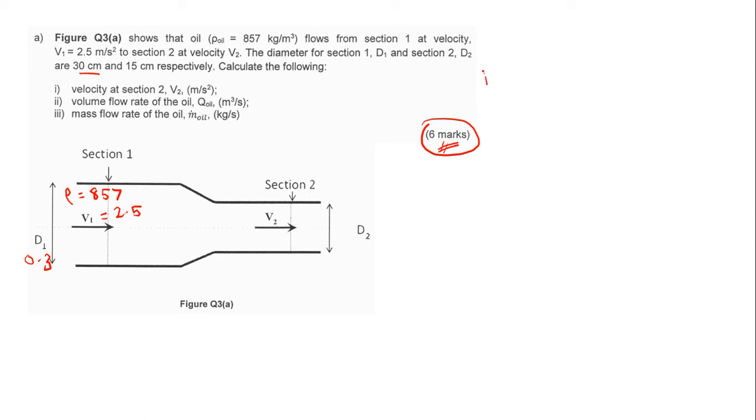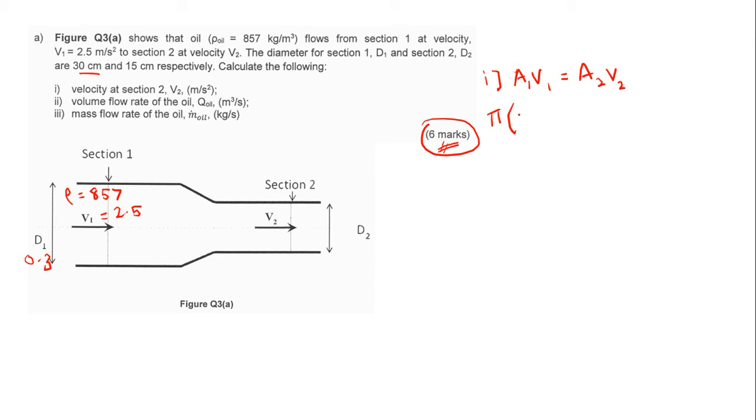Okay, number 1, velocity. How do we do this? V2, what equation do we use? A1V1 equals A2V2. That's good. This is the equation for Q, the volume flow rate. Okay, what is A1? Pi r squared.